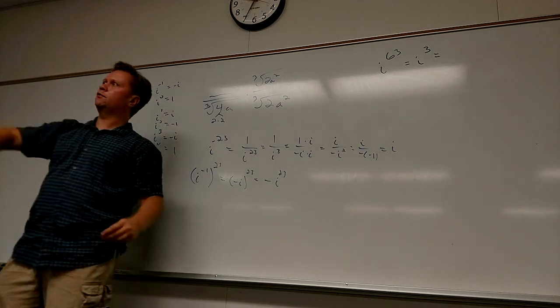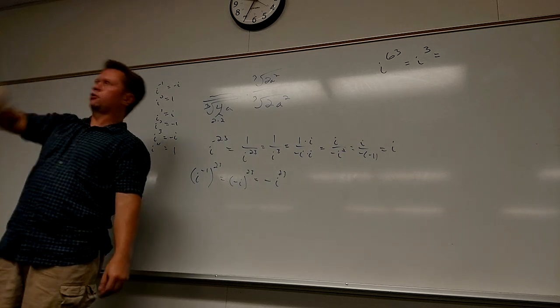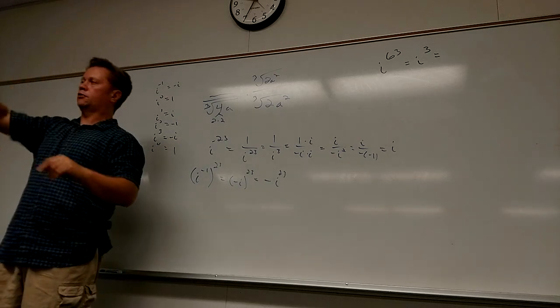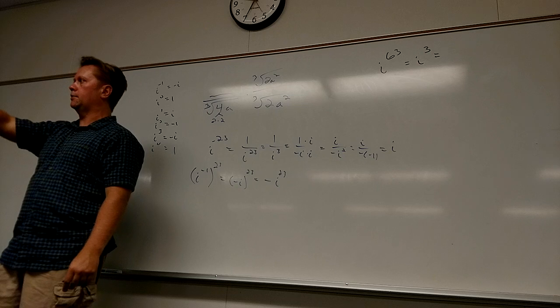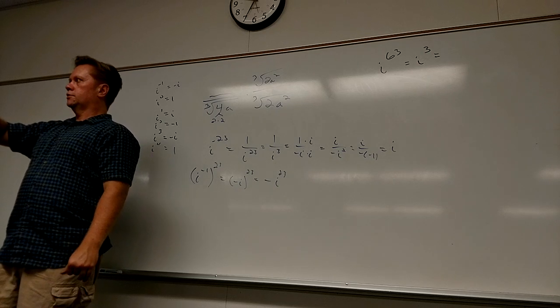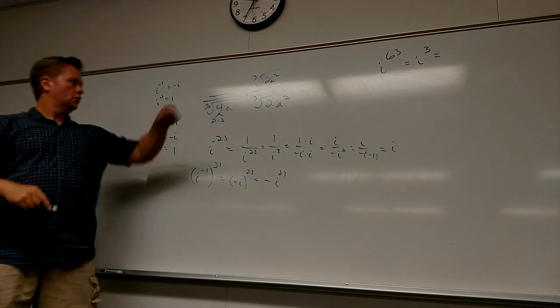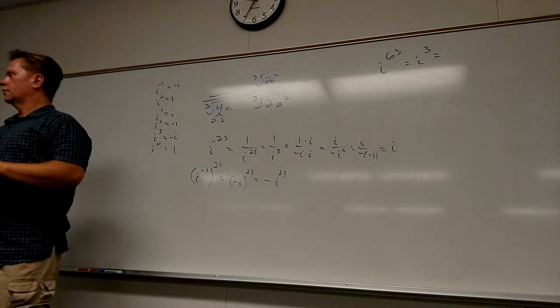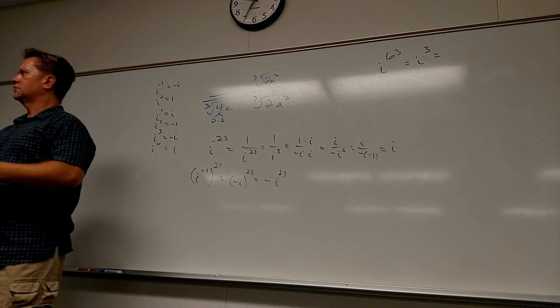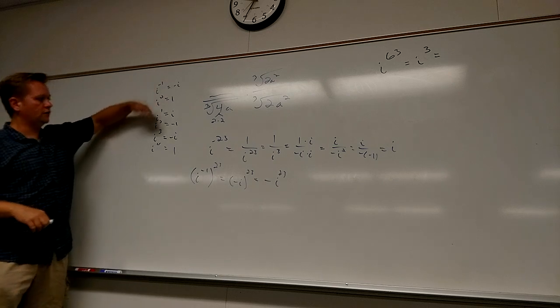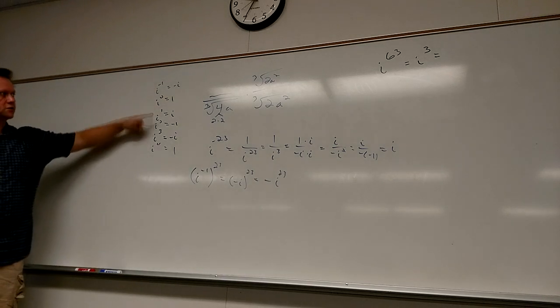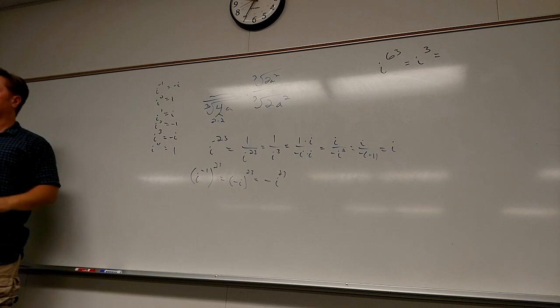Because every time I do 4, it's a rotation. So why would I rotate that many times? Let me just divide a bunch of rotations out and figure out where I really stop. So you divide by 4 and see what the remainder is. Don't divide by 5 and look at the remainder. The pattern isn't every 5th one starts over, it's every 4th one starts over.